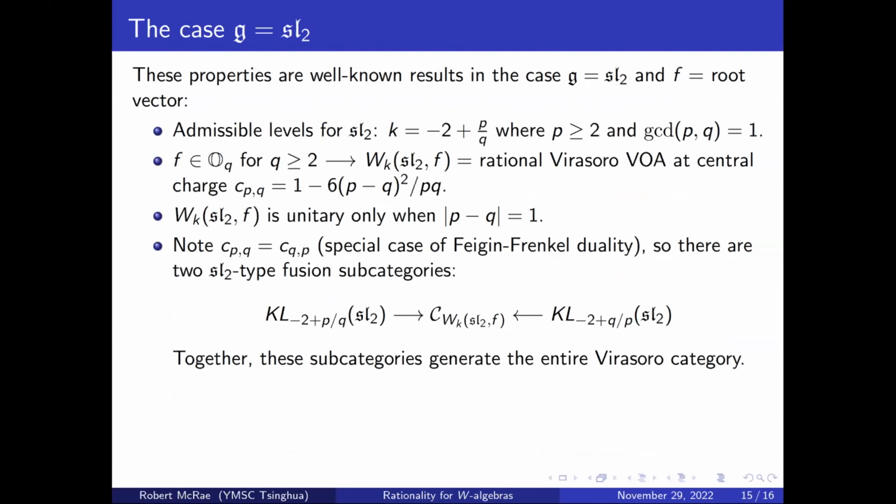Maybe to illustrate this, consider the case of SL2. These properties are all very well known for SL2. The admissible levels look like -2 plus P over Q, where P is at least 2.